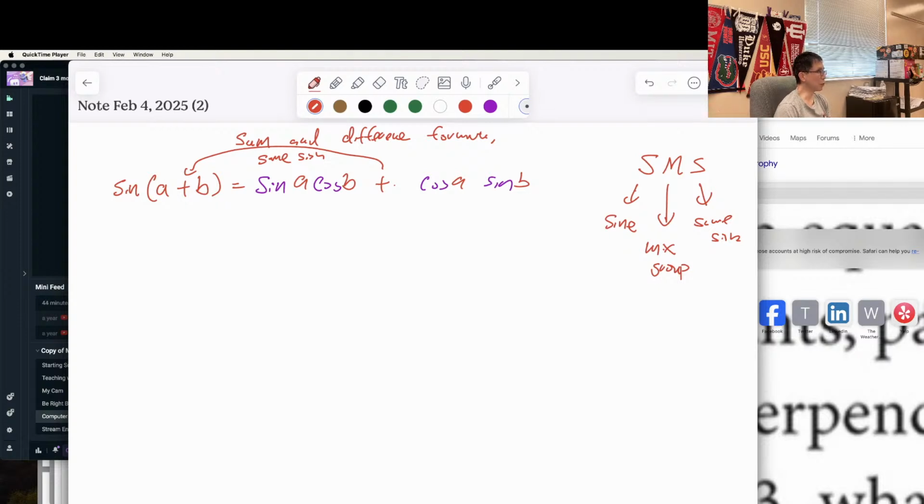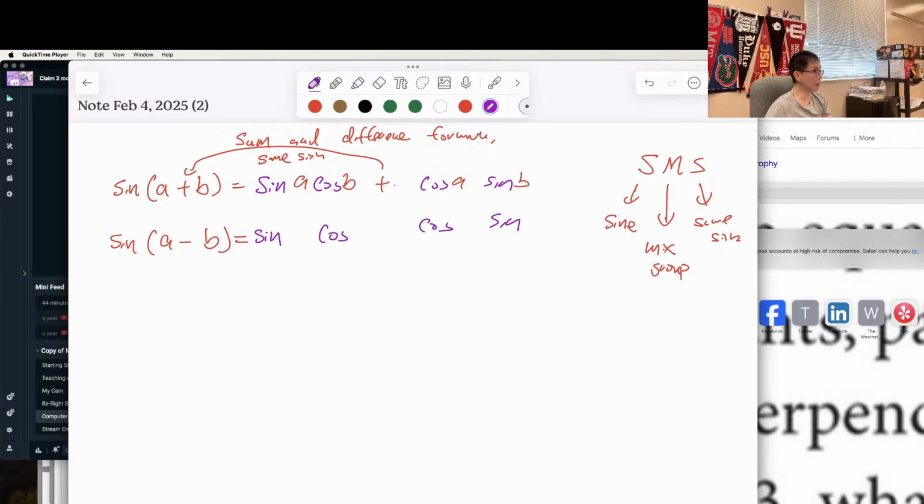A lot of times people don't spend a lot of energy to memorize something. Here's the trick, a gadget. SMS stands for sine, mixed group, same sign. Now, obviously, you can do another one with the difference, which is A minus B. Again, I'm going to write down the mixed group. Make sure you completely mix up. It's going to be sine, cosine, cosine, sine.